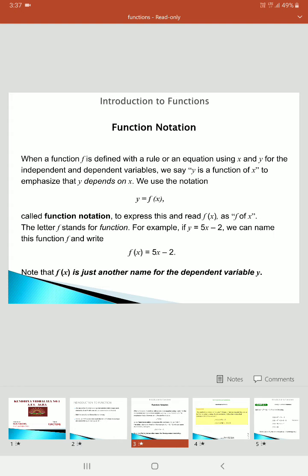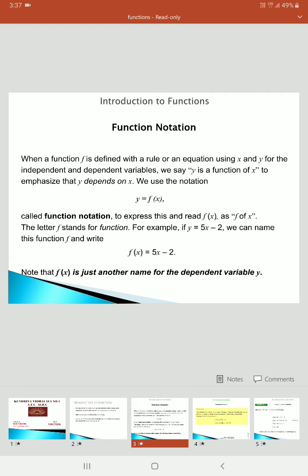So here comes the function notation. When a function f is defined with a rule or an equation using x and y for the independent and dependent variables, we say y is a function of x to emphasize that y depends on x.